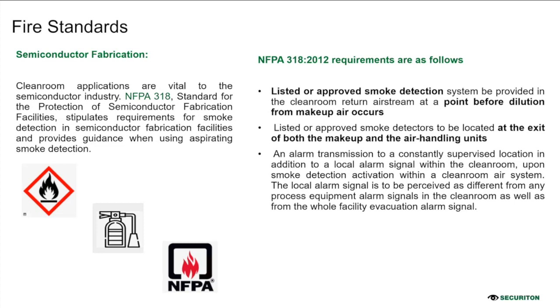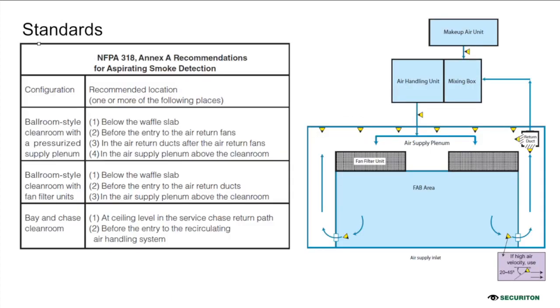The listed approvals for detection are also the point where the makeup air occurs, which I'll be explaining on the next slide. And air makeup is how the air circulates in and how the air circulates out. So in between, there are certain places which we need to cover in terms of protection. That's from the standards I've derived from NFPA 318.